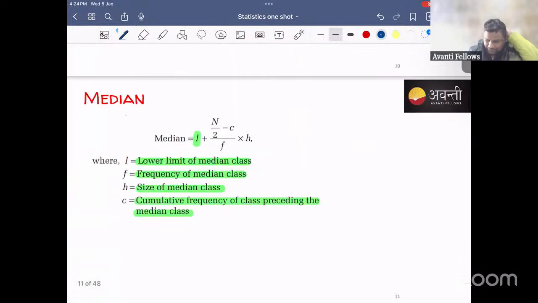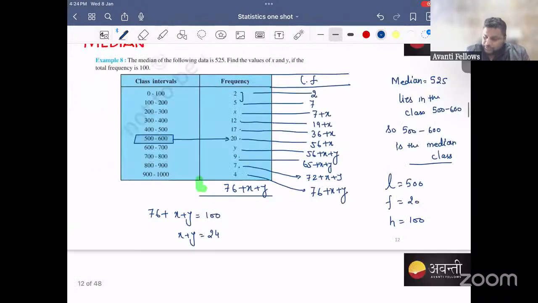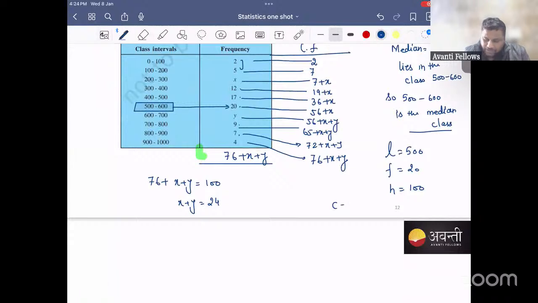Now C is the cumulative frequency of the class preceding the median class, meaning the cumulative frequency of this 17. So C is 36 plus x.